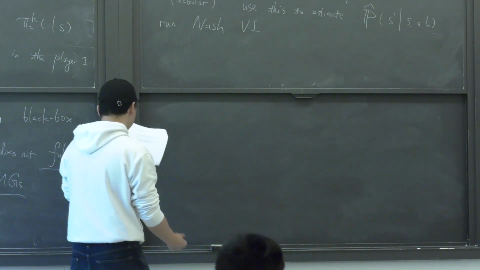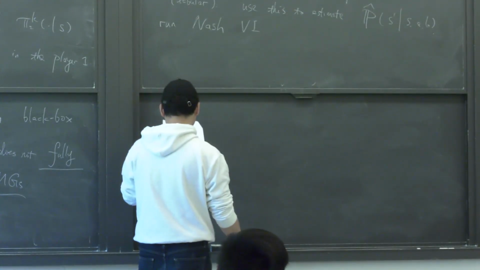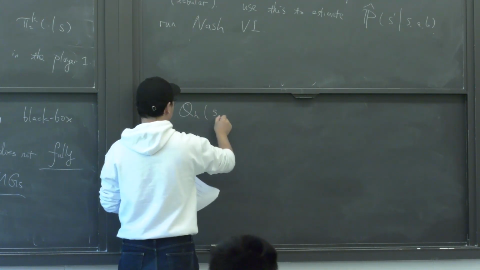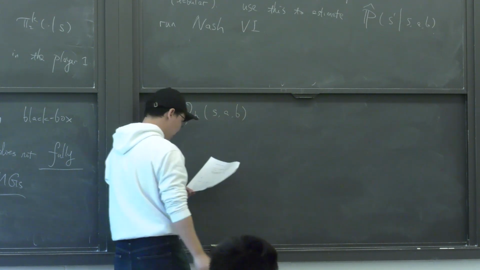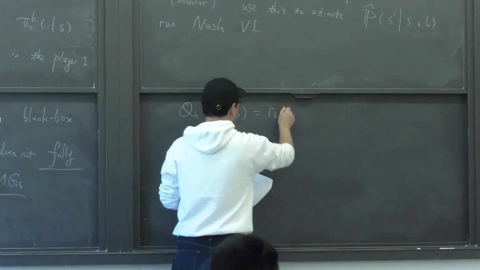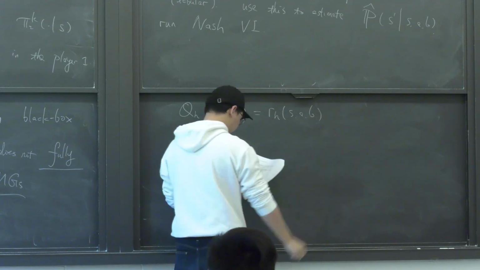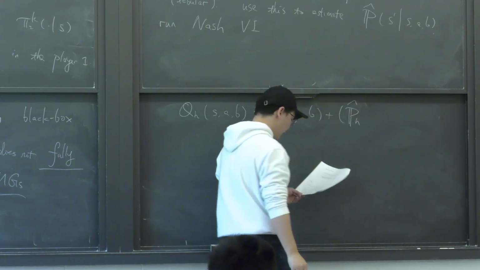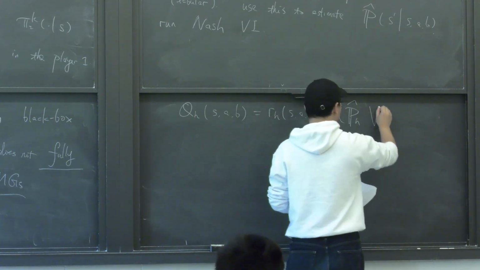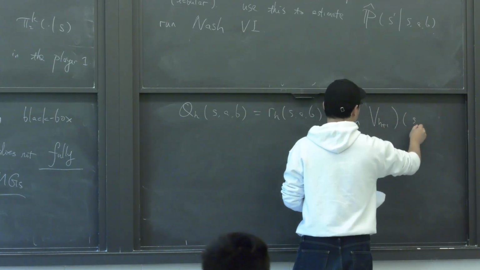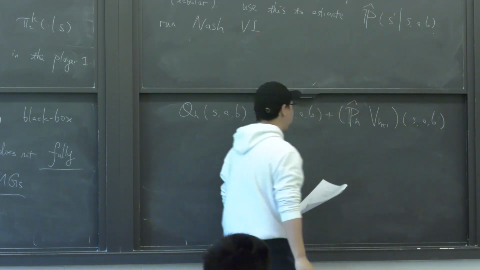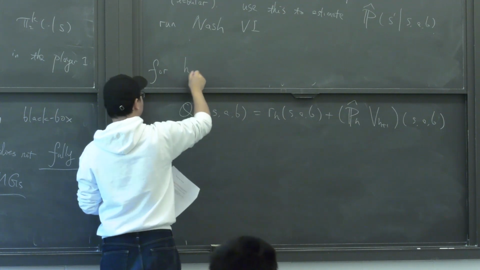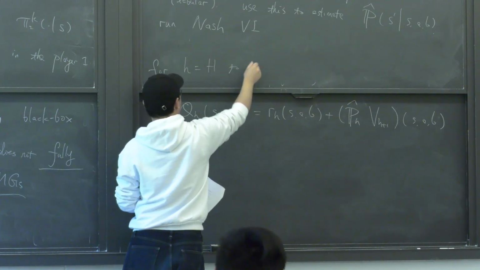So we run Nash value iteration by doing this Bellman-Optimality equation. That is, we have the update Q_h(s,a,b) equal to r_h(s,a,b) plus the empirical transition applied to V_{h+1}. This step is basically the same, and we do it for h from the last step to the first step.